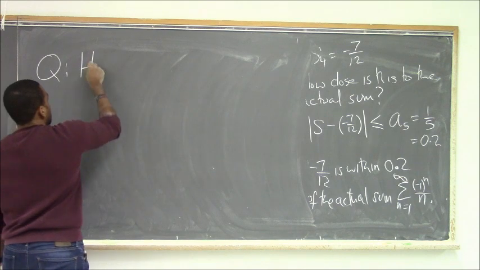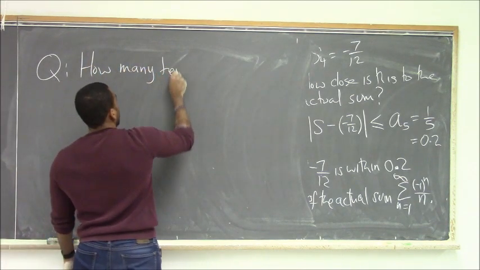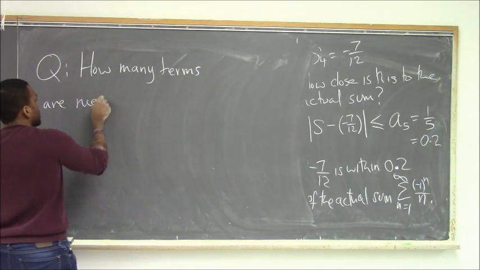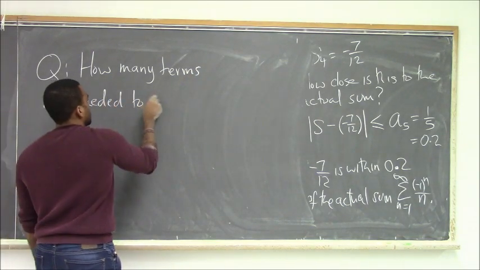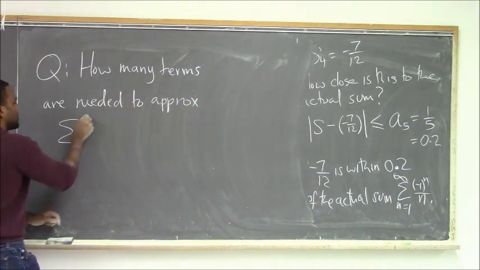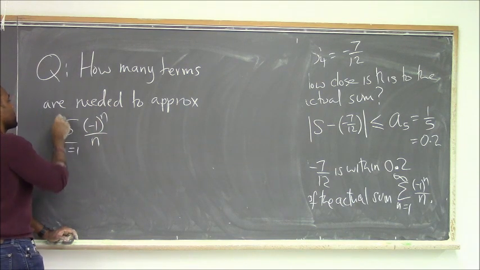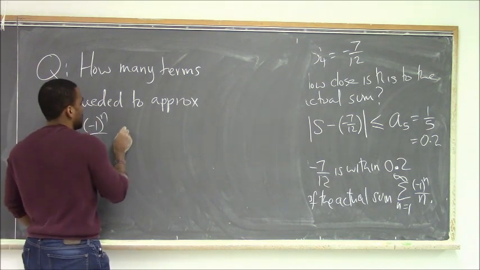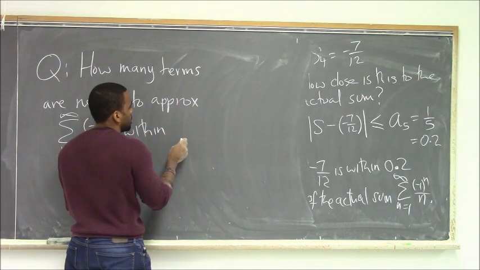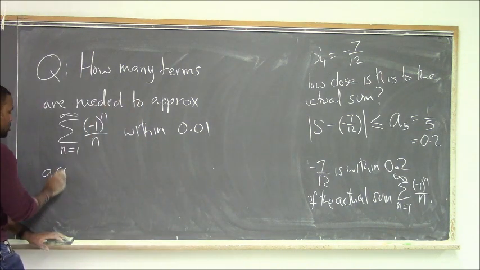How many terms are needed to approximate the same series within 0.01 accuracy?